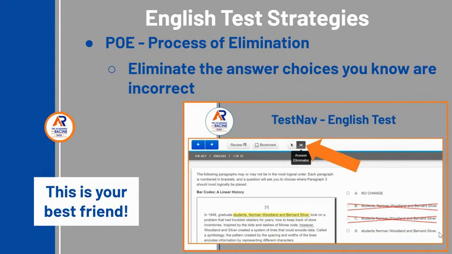And then process of elimination. Guys, this one is your best friend. Eliminate the answer choices that you know are incorrect. Then, if you have to guess, you're guessing between 2 or 3 choices as opposed to all 4. Remember, I showed you how to eliminate using the button so that you can put X's over it so you don't get distracted.